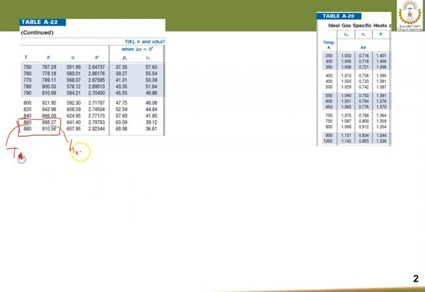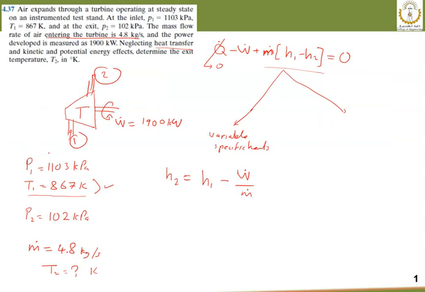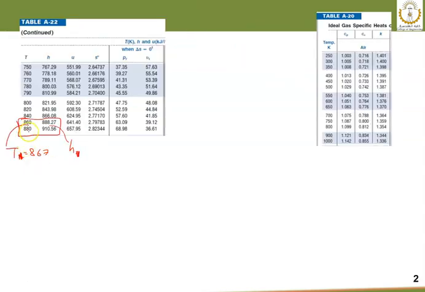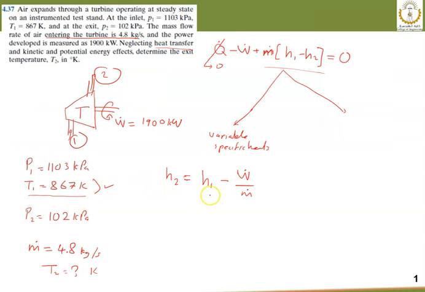So this is T1 here, T1 equals 867 Kelvin. We can find H1 through interpolation, and then we just substitute for W dot and m dot, and by that we'll get H2.